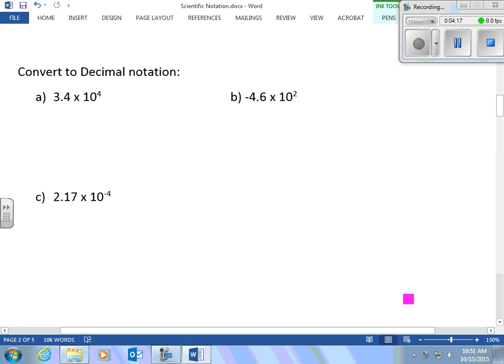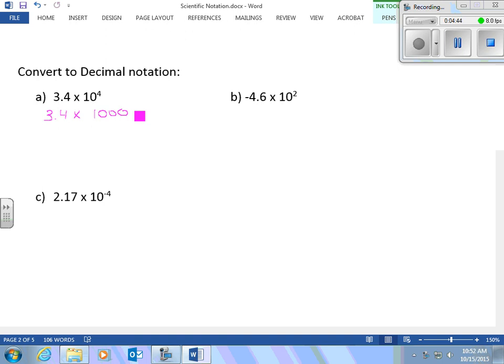So here we've got 3 numbers that are in scientific notation, and we'll convert them to decimal notation. Okay, so I've got 3.4 times 10 to the power of 4. Now you could think of this as 3.4 times 10,000. So that'll become, well, 10,000 times 3 is 30,000, and that'll be another 4,000.